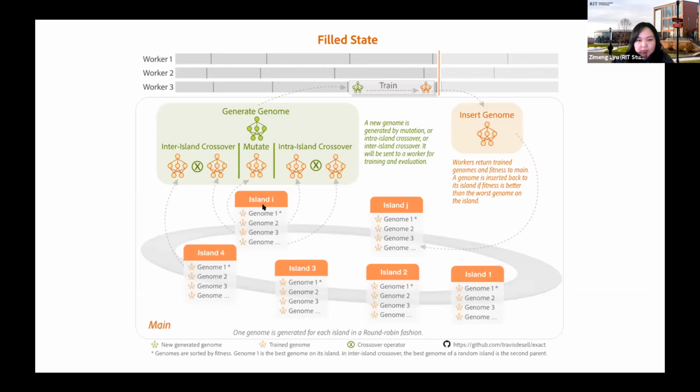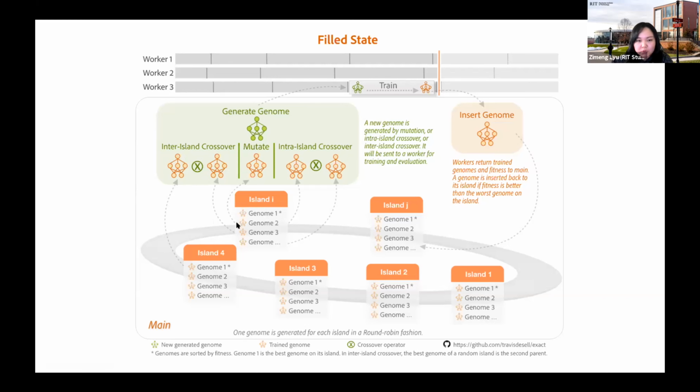For the current island I, we have different ways to generate a genome. We have inter-island crossover, where one parent is randomly selected from the current island and the second parent is the best genome from a randomly selected island.